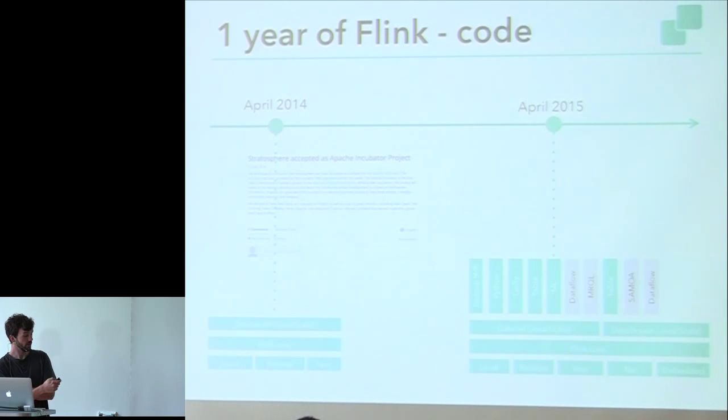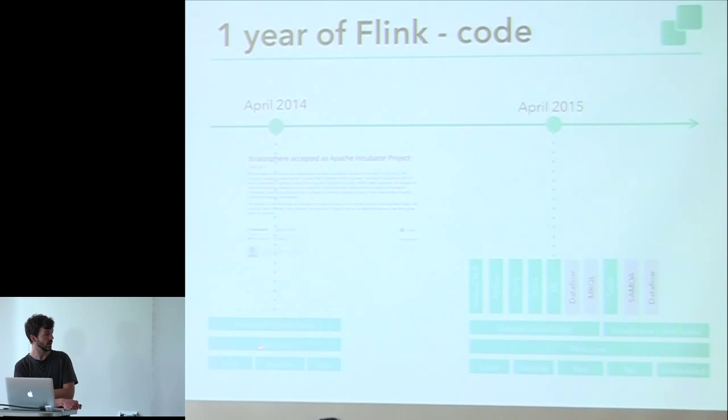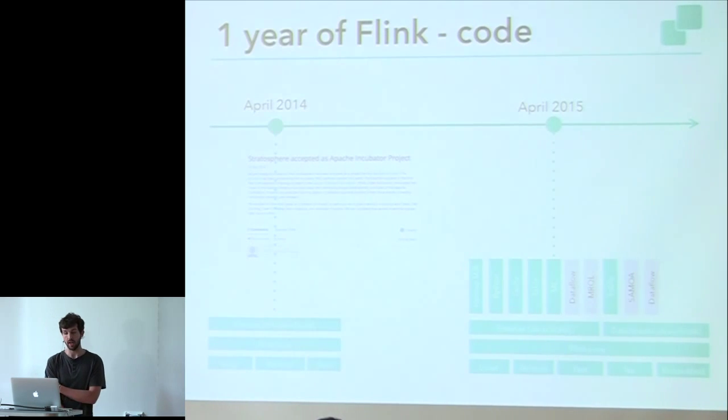Just 1 year ago, the core basically hasn't really changed, but it was a much smaller project with just the DataSet API for batch processing. And just 1 year later, we already have a dedicated streaming API and a bunch of libraries, which we'll talk about later. So a lot of things happened.